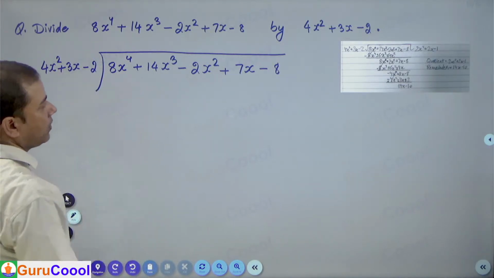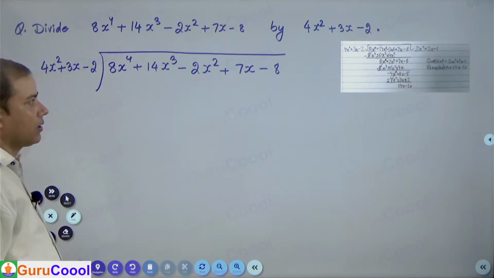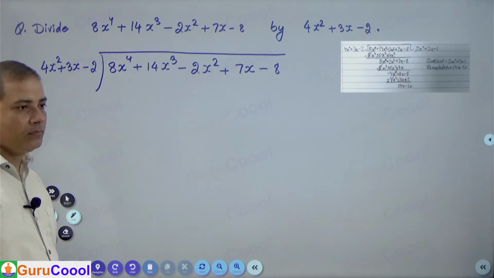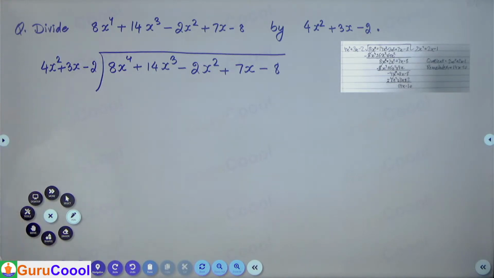First of all, check if it is already a standard form or not. Is this a standard form or not? No, sir. What is wrong there?